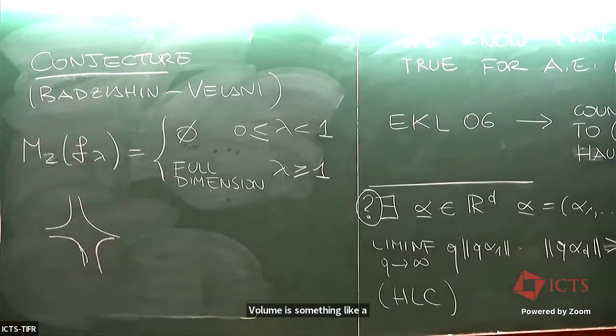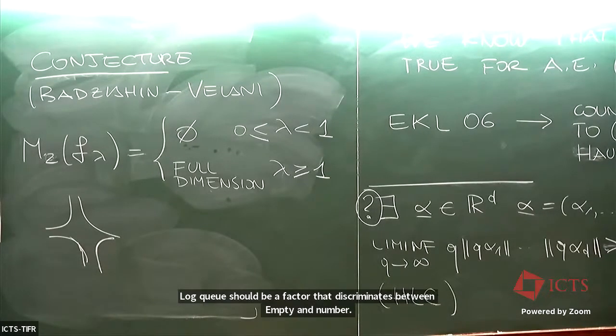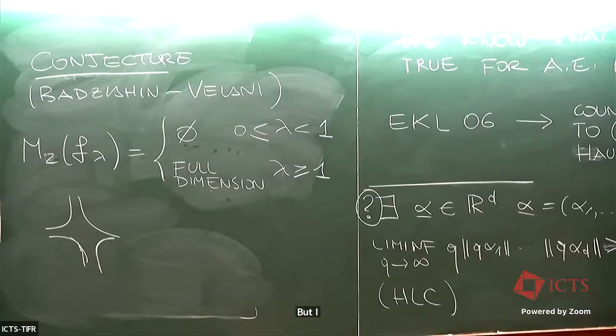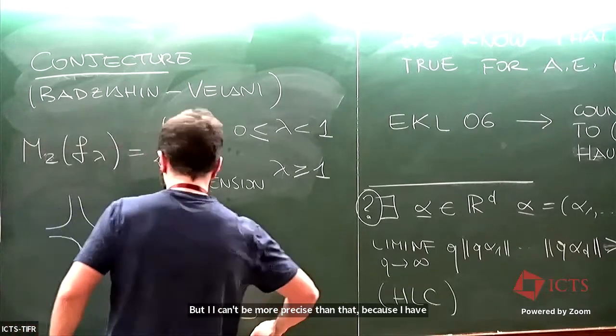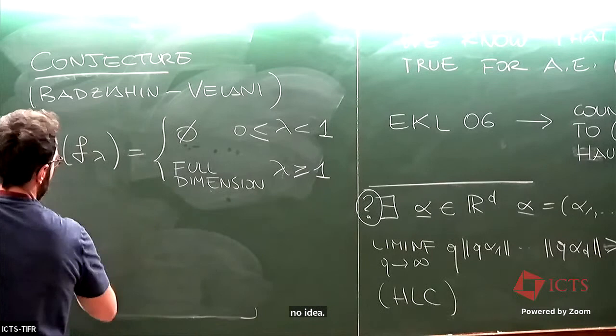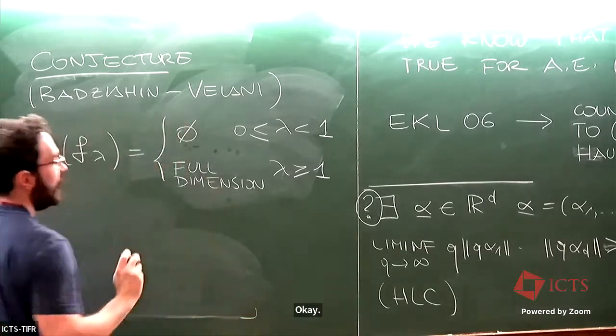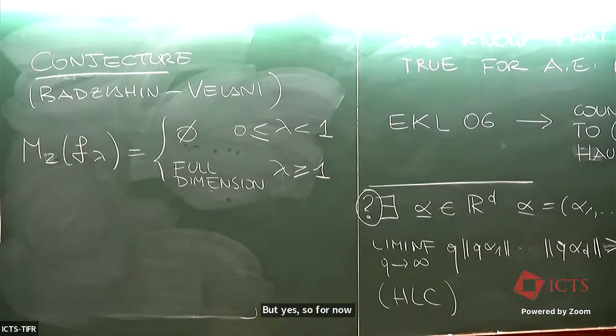More or less, this log q should be a factor that discriminates between empty and non-empty. But I can't be more precise than that because I have no idea. But yeah, so for now, we don't know.